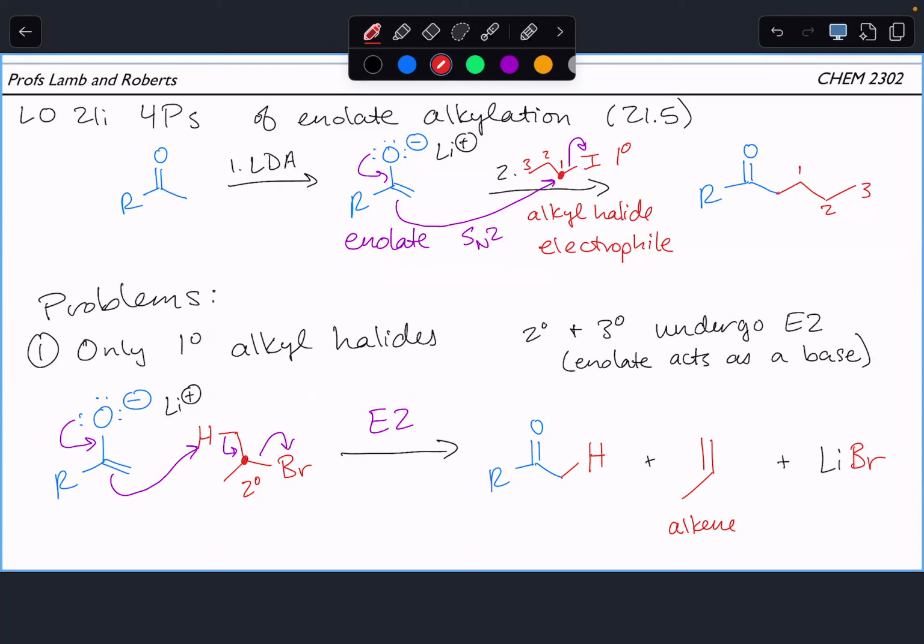Okay, so this is undesired. We don't want this to happen, but this is the other alternative if you're using an electrophile that's not very fast for SN2. Okay, so that's the first problem: if you only have a single carbonyl, that enolate is also very basic in addition to being very nucleophilic.